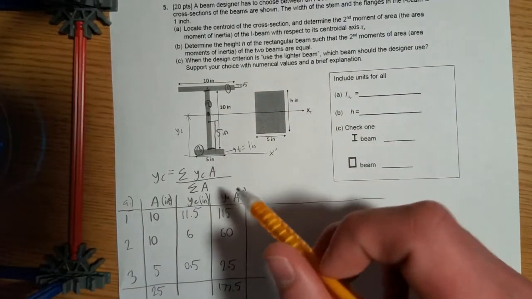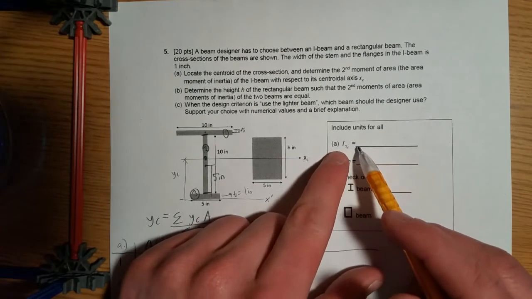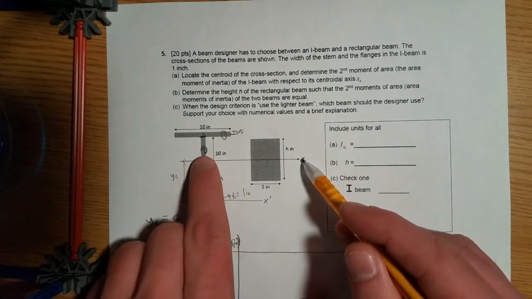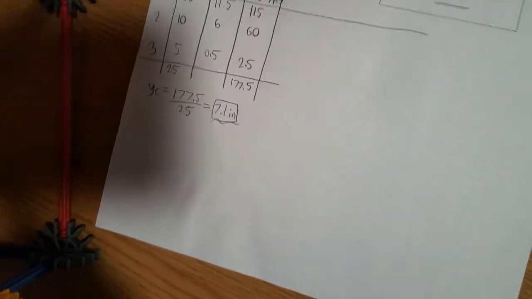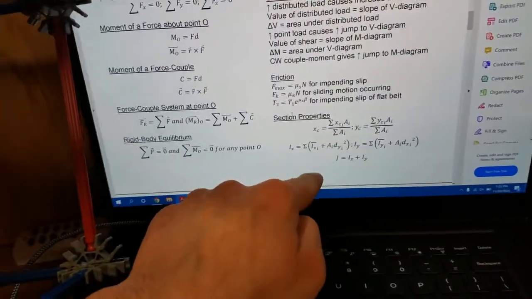Now we need to know what the second moment of area, or the area moment of inertia of this beam is in relation to this. And so that's where another formula we have, and this is going to be given in your formula sheet actually. I don't have the formula sheet printed out, but on my computer here I have it where it says section properties.